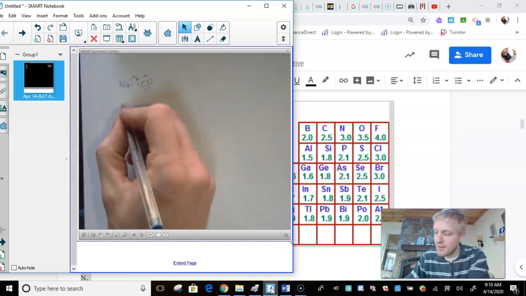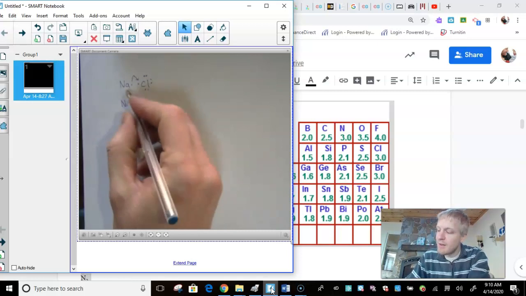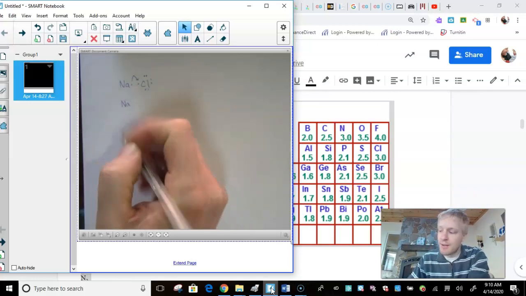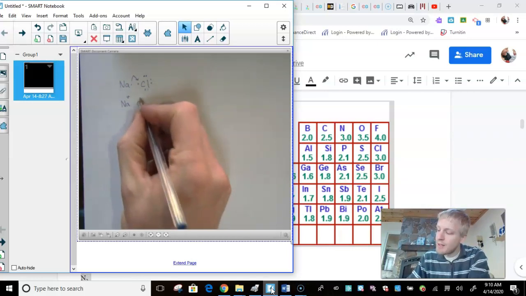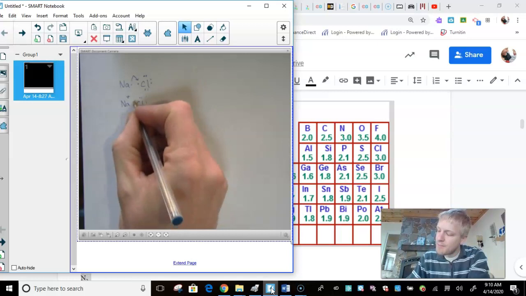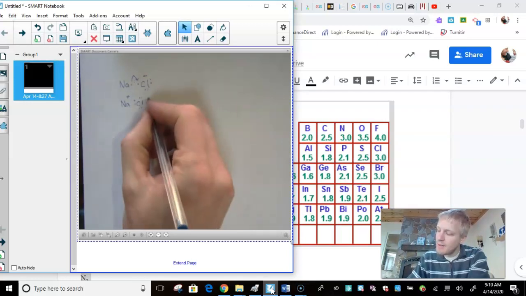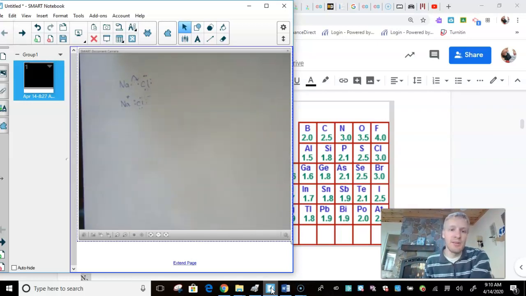So I'm going to rewrite this since I'm in pen. And if sodium loses an electron, we know it has a positive charge. And if chlorine gains an electron, we know it has a negative charge. And that would be the Lewis dot structure of an ionic compound that's showing the transfer of electrons from one atom to another, creating an electrostatic attraction. It's a very, very strong bond.